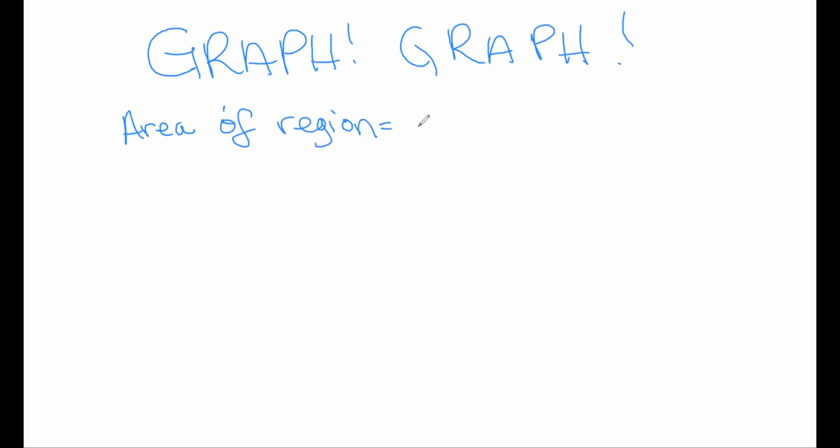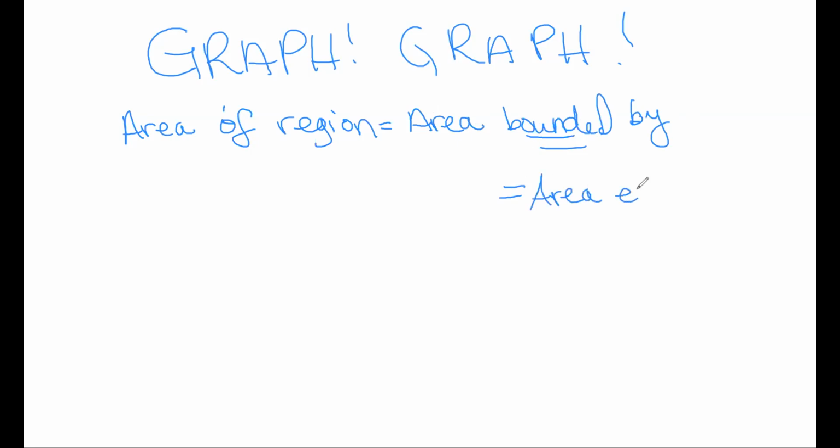But that's the same thing as saying, find the area bounded by, and that's the same thing as saying, find the area enclosed by. Those are some different ways that they'll say this. So you either see area of the region, area bounded by, or area enclosed by. So let's take a look at some examples.